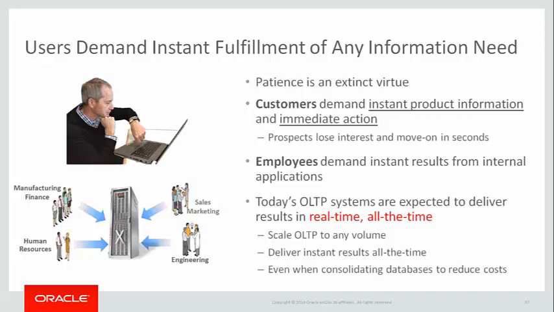They expect the system to scale to any volume. They expect the system to deliver instant results all the time. Even when you are consolidating databases to reduce cost, the expectation remains the same: I cannot wait, and patience is really an extinct virtue.